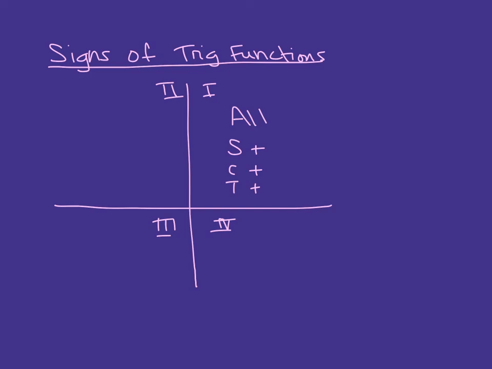In my second quadrant, my sine is positive, but both cosine and tangent are negative. Third quadrant, my sine and my cosine are negative, but my tangent's positive. And my fourth quadrant has sine being negative and cosine positive, and then tangent's also going to be negative.